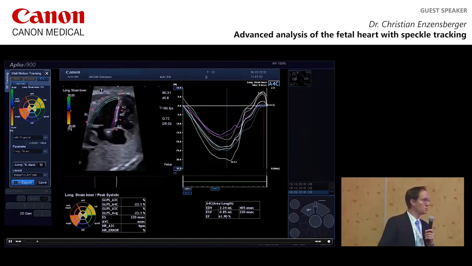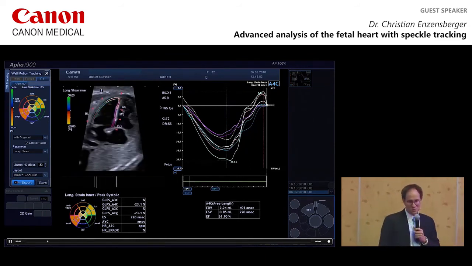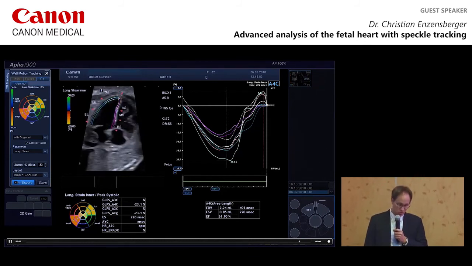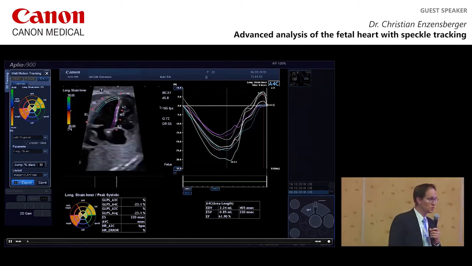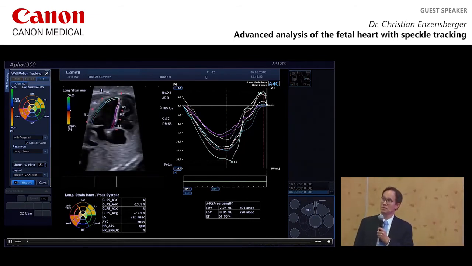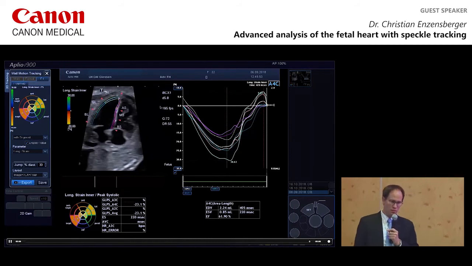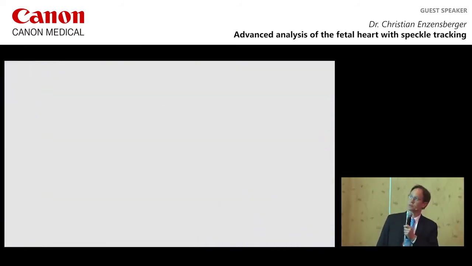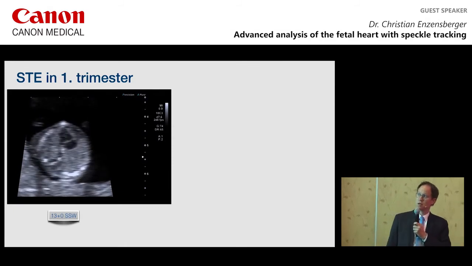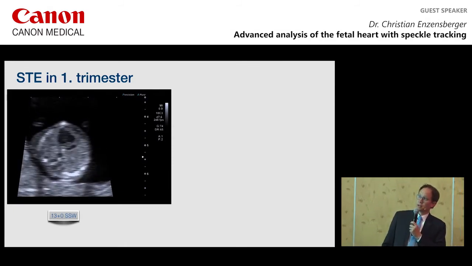When you go home, within the next days when you sit in front of your ultrasound machine, try to get these high frame rates with your cardiac setup at that gestational age. We said, okay, we'll try it in the first trimester, and I want to show you how this looks.